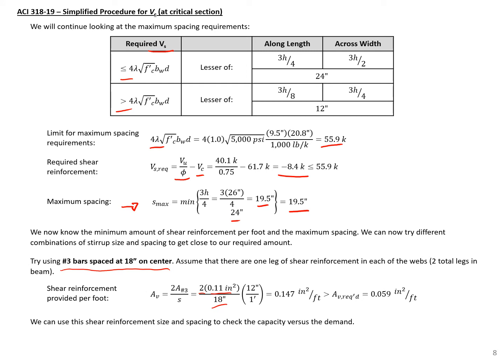So we take that times 12 inches divided by 1 foot, and we can see we have a value here of 0.147 square inches per foot provided. This is greater than our required value, and our 18 inches is less than our maximum spacing of 19.5 inches. So this shear reinforcement will satisfy our design requirements.